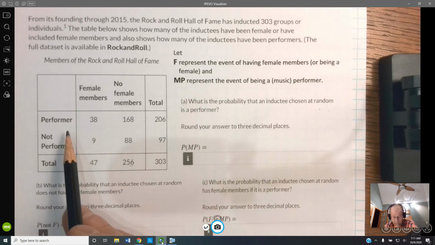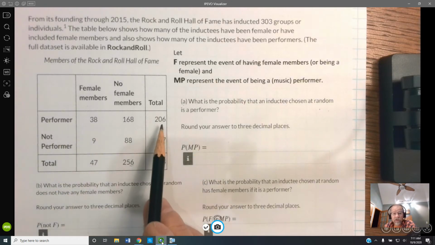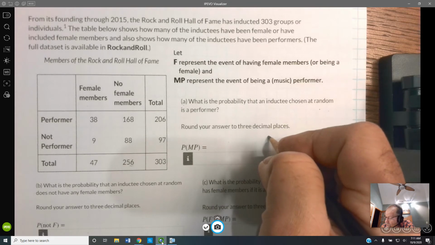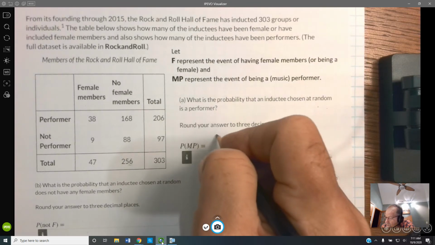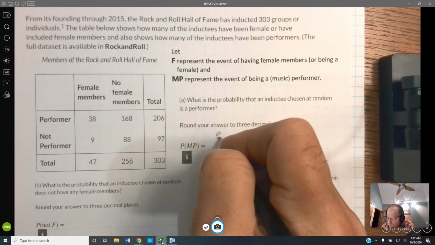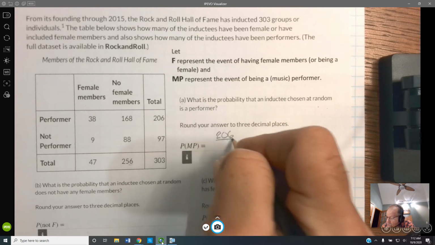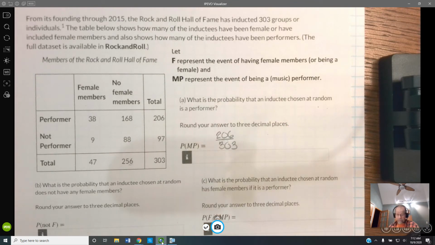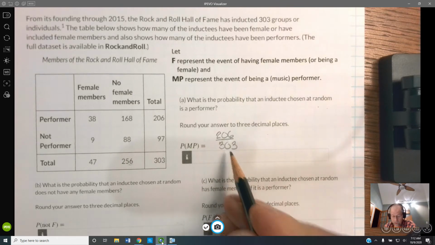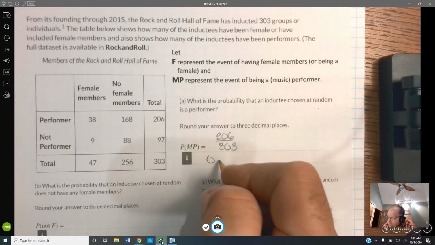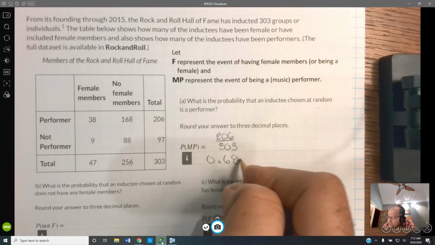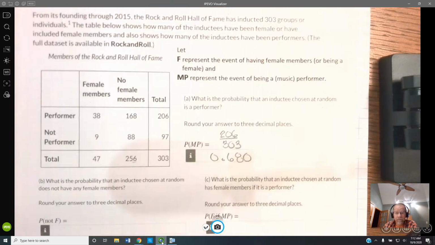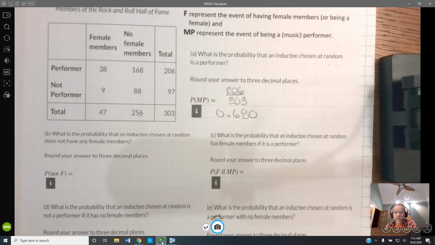So first of all, if I look at performers, there are 206 performers. So the probability of me having a performer or being a performer is 206 out of 303. Take your calculator, do the division, 0.680.